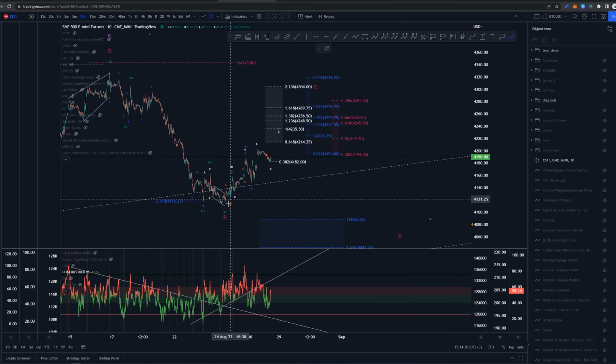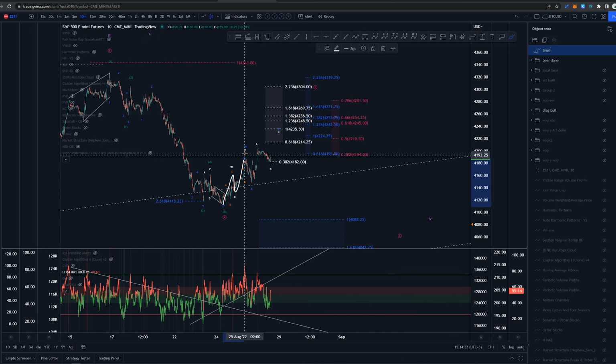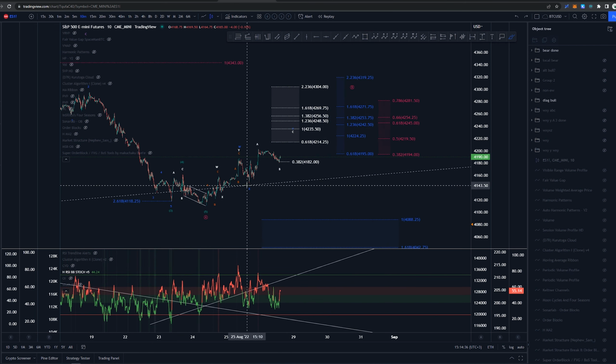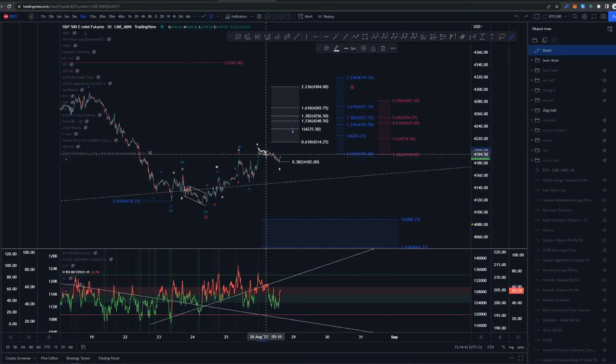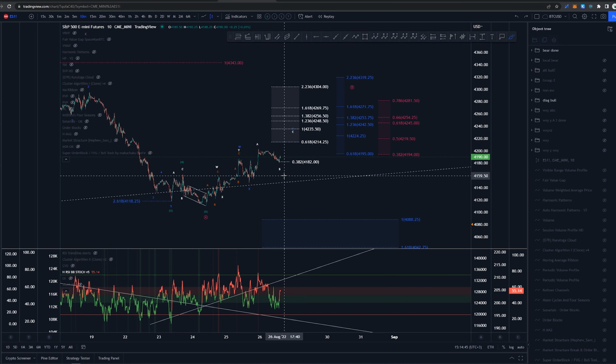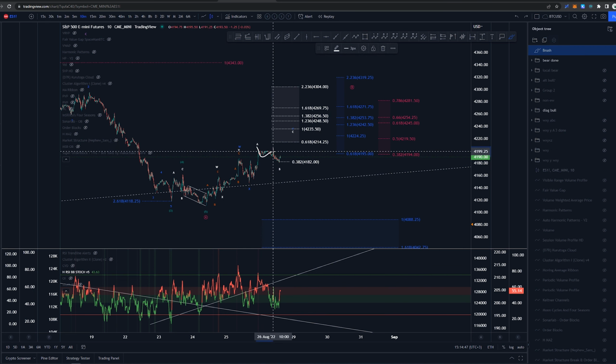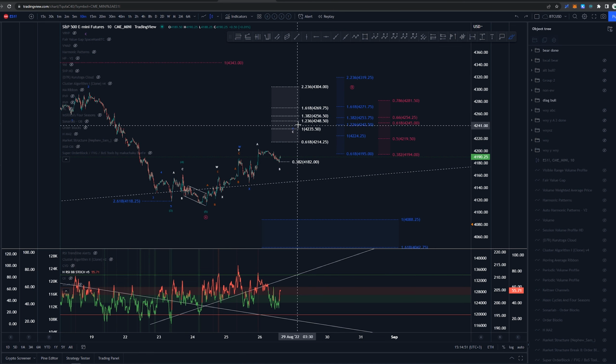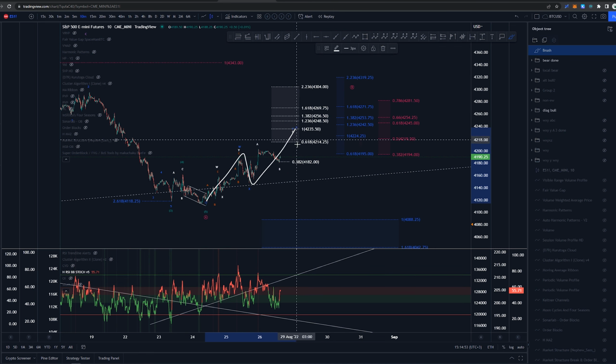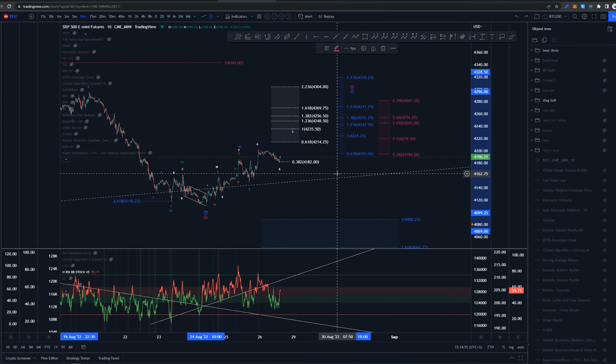At this very moment I'm thinking this could be a WXY into W, then 3-wave back into X, and then this would be an ABC into an A wave, and then we would have some kind of structure here back to 38.2, a 3-wave most likely, and then looking for that last leg into that wave C to complete the wave Y of this structure, completing the wave B.